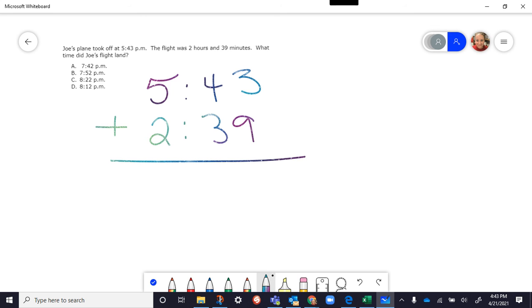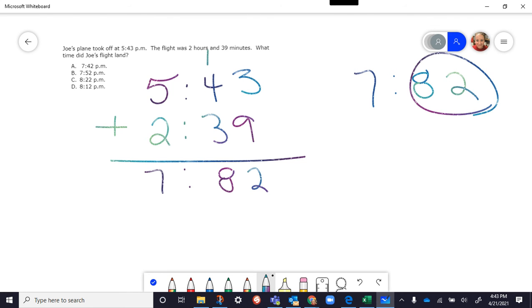Add your minutes. So 9, 10, 11, 12, 4, 5, 6, 7, 8. Bring down your dots, and 7. Well, we can't have a time that's 7:82. If someone said, "What time is it?" and you said 7:82, they would look at you like you're cuckoo.